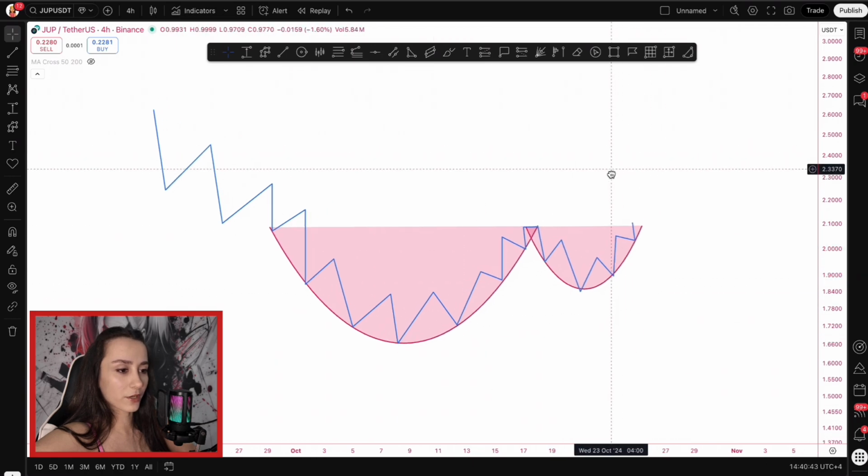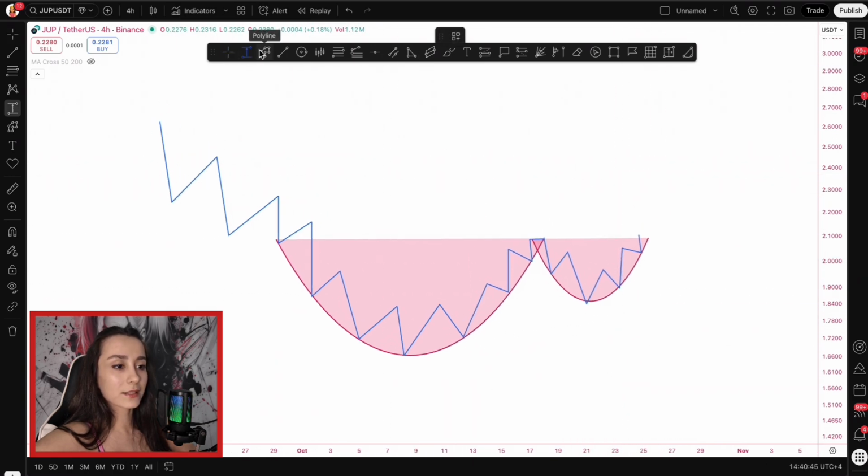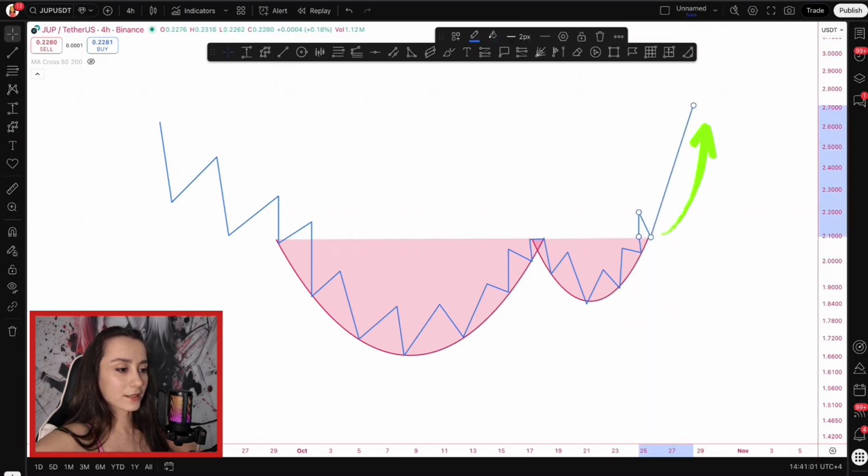When you see that formation, you need to know that this is a sign of the end of the bearish market, because this is a kind of reversal pattern, and when you see that, you will expect one breakout, retest, and rise, the same height as the previous cup, basically like that.